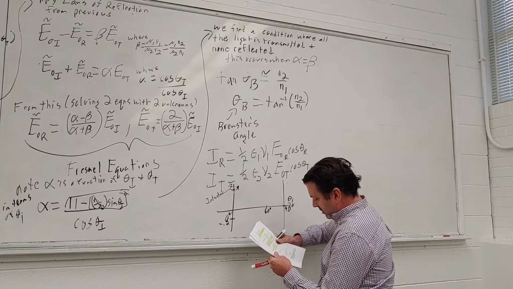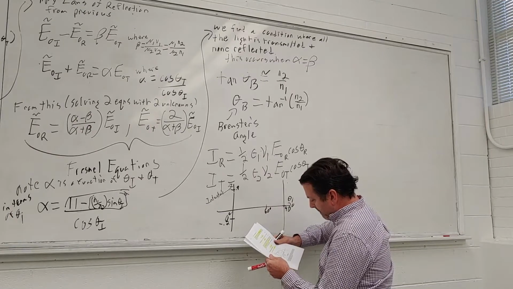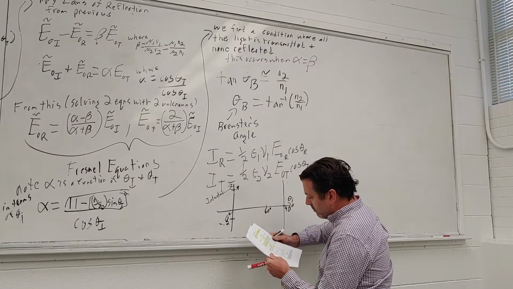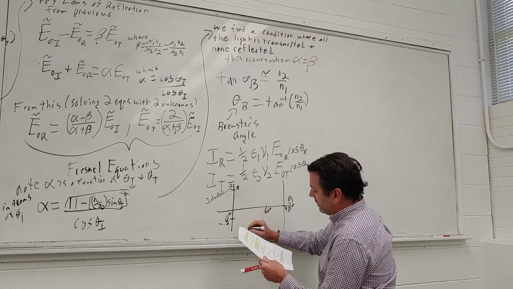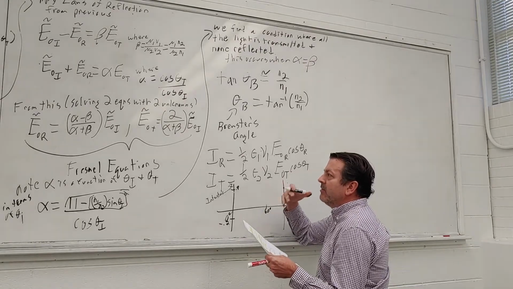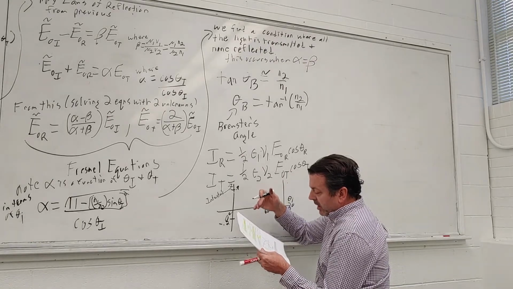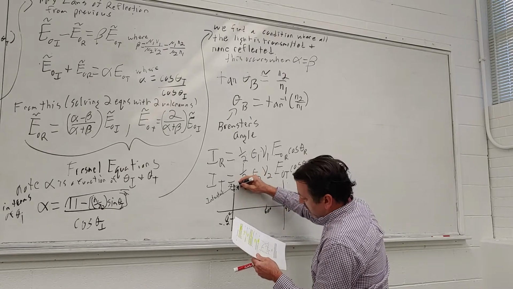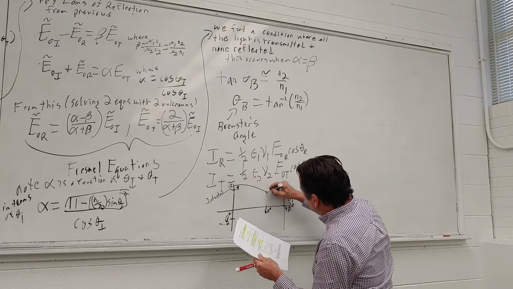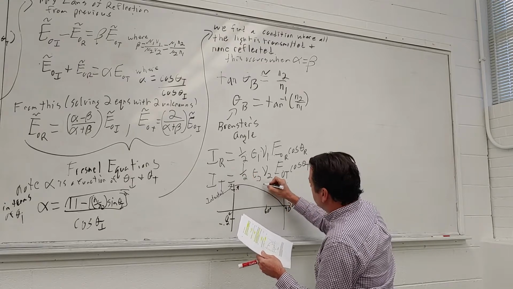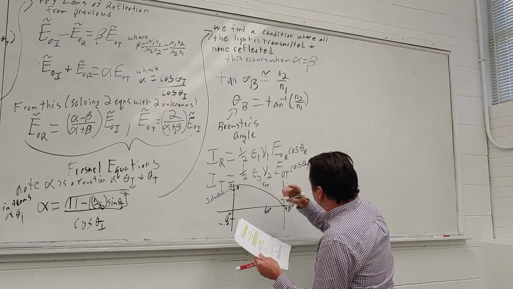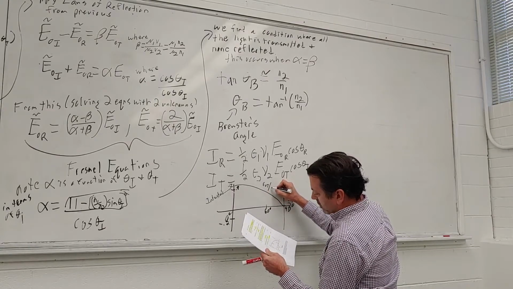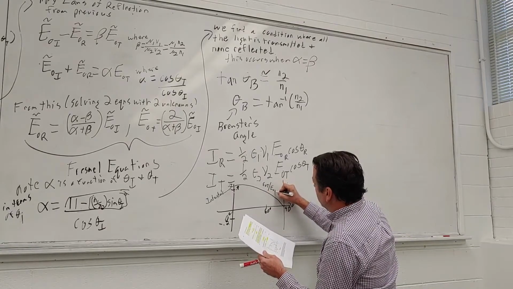And what they've found is, we're going to look at the reflected wave and the transmitted wave as a function of angle. And it starts out, this is the ratio of the transmitted amplitude to the incident amplitude. And it makes sense.